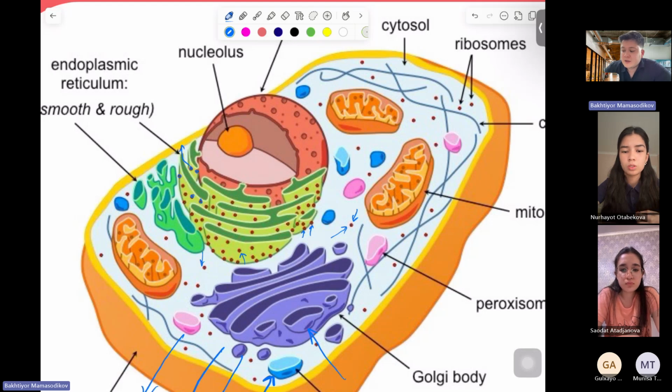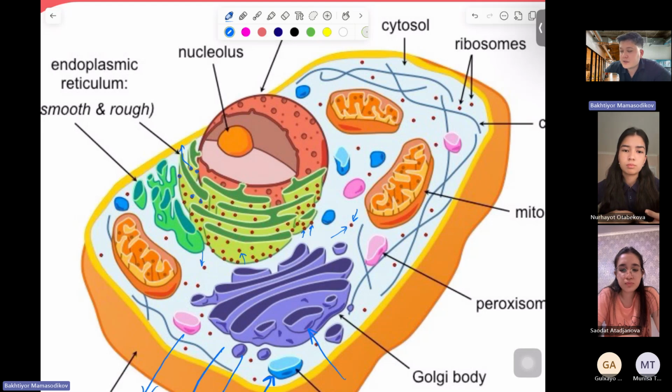And the nucleus is the control center of the cell. It controls everything happening inside the cell. The nucleus has two membranes.